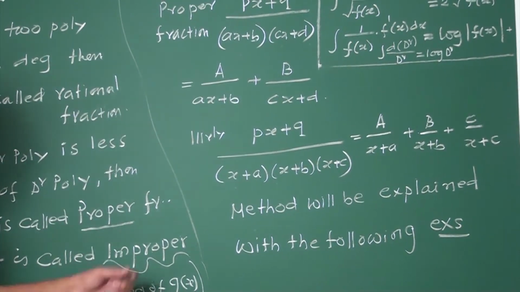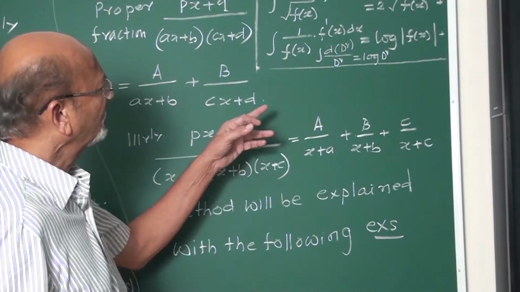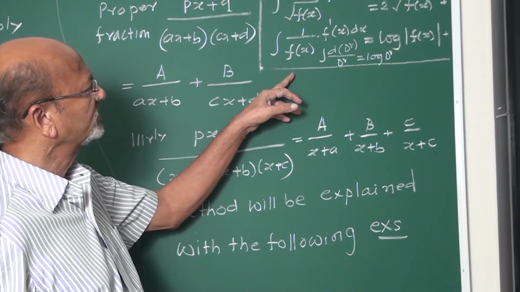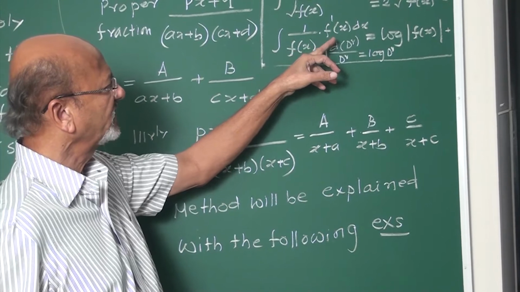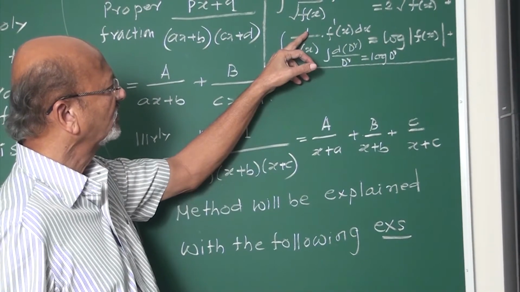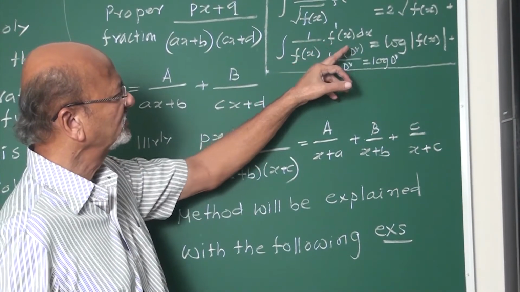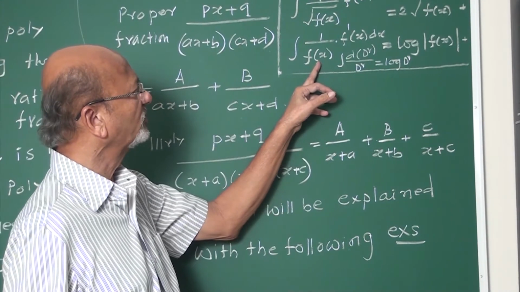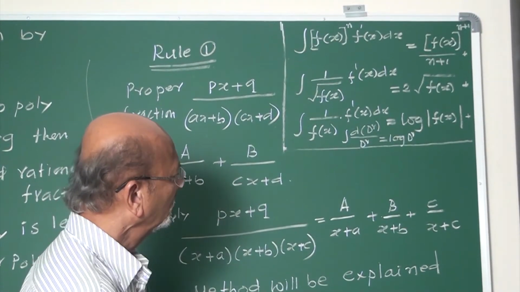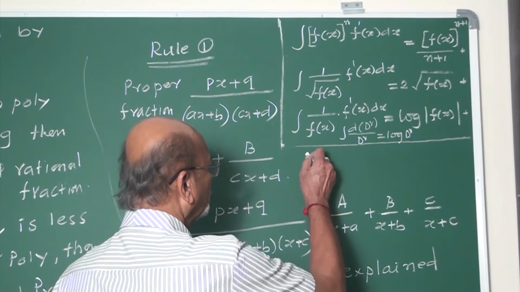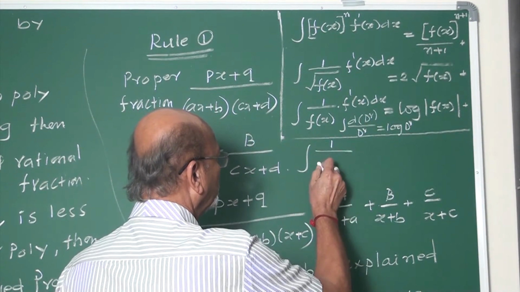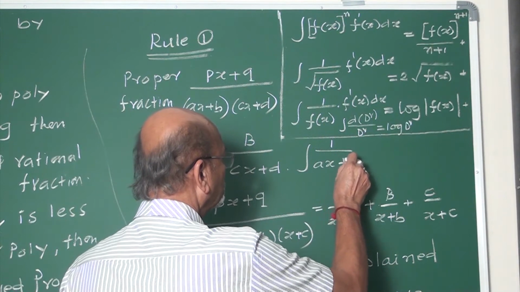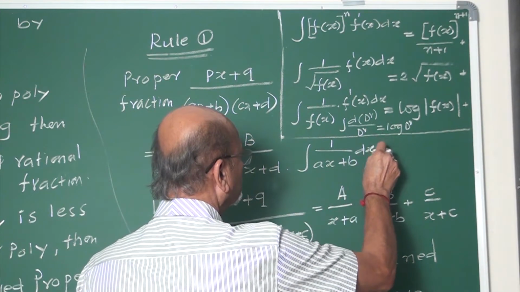Yes, my friends. In this, these integrals play a very important role. The general formula: integral of 1 upon f(x) into f dash x dx is what? Log of the denominator. As a particular case, you know it: integral of 1 upon ax plus b dx is what?